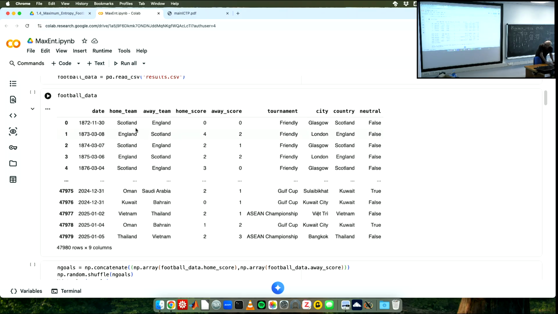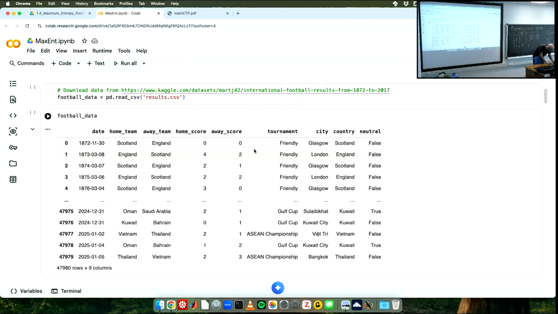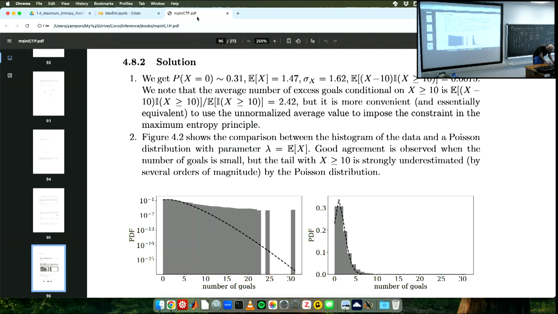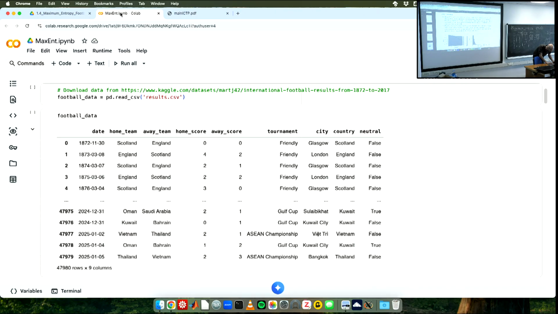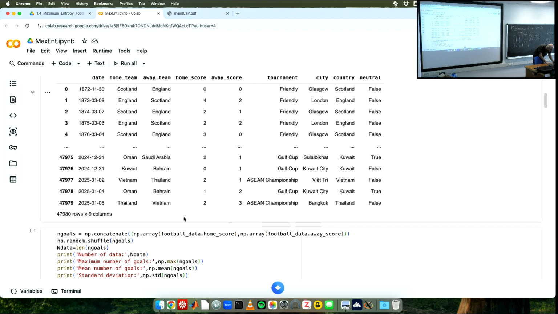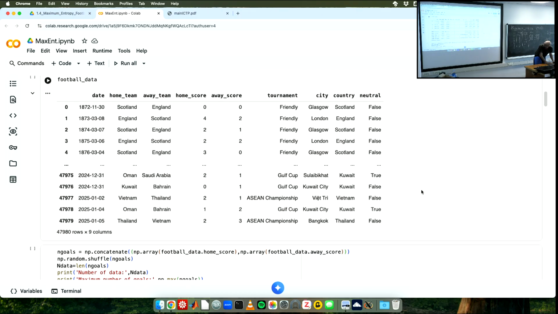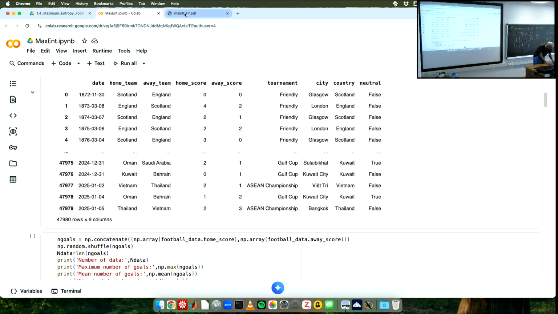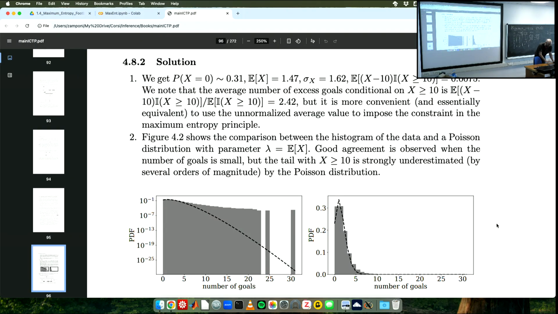This is like Scotland versus England in 1872, 0-0. And then you have more recent matches like from 2025. Okay, I don't know why I wrote 2017 here. It was a mistake. Anyway. This is the number of matches, and then you can just extract the number of goals, and you can do what you want. So this is how it looks.